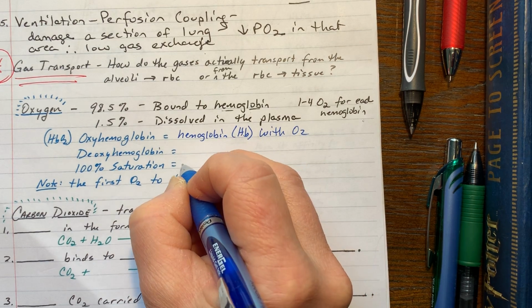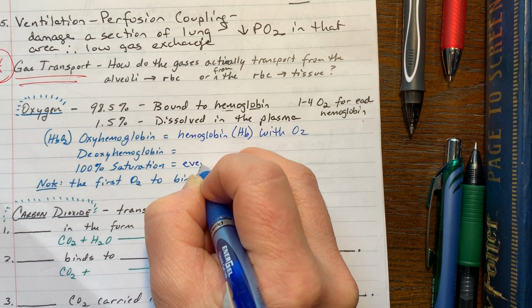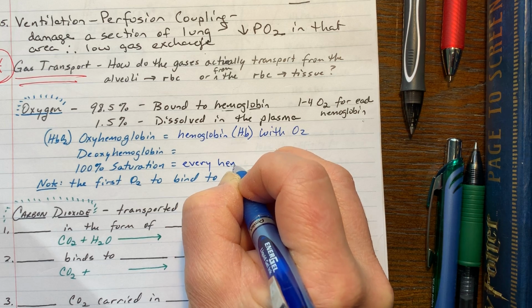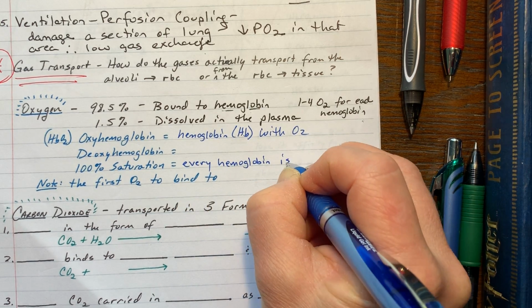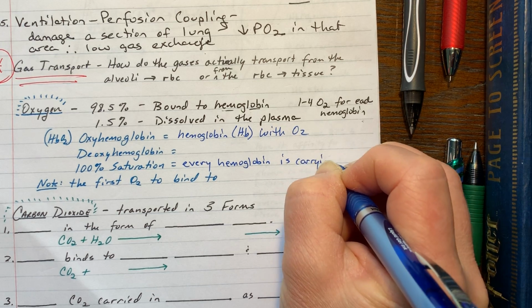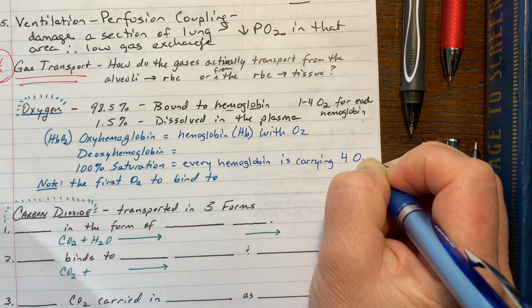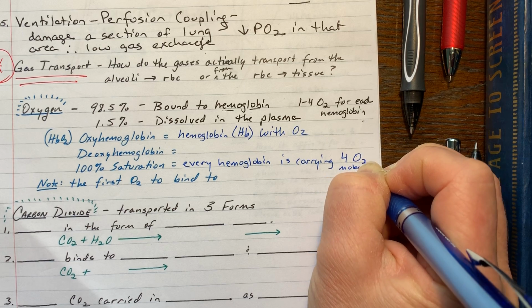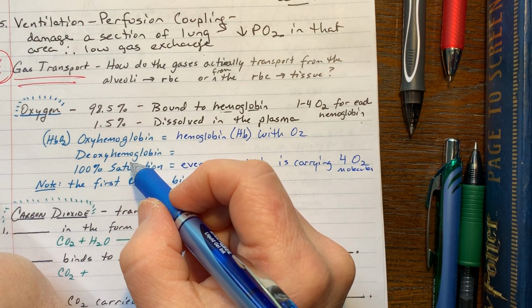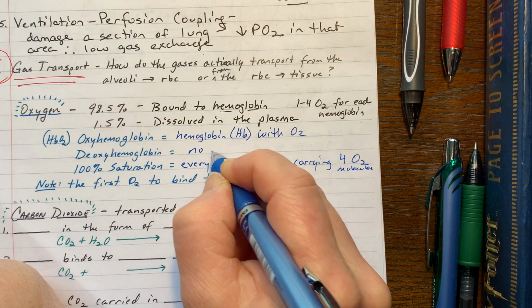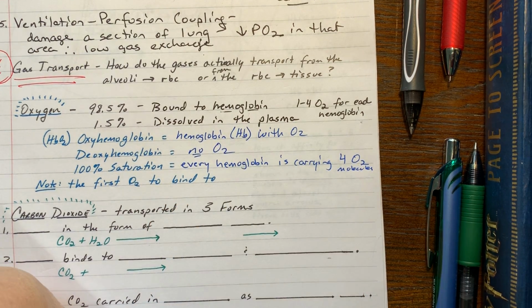That means that if it's 100%, every hemoglobin is carrying its maximum of 4 oxygen molecules. Okay? Deoxyhemoglobin, D, no O2.